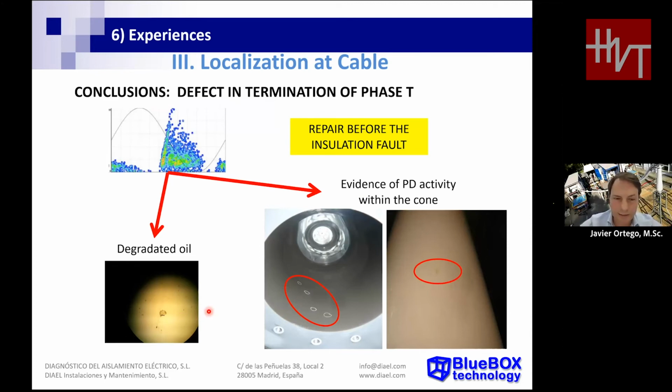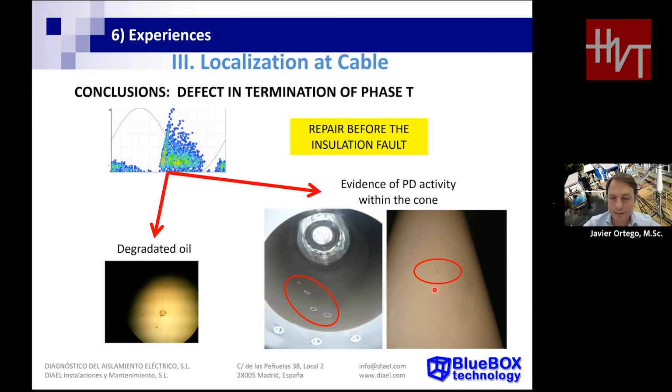In the picture, we can see some dark spots. And also inside the female cone of the termination, we detected several black spots. Maybe it's not possible to see in the picture, but there were very clear signs of degradation of the insulation. So we were able to prevent the failure of this termination.